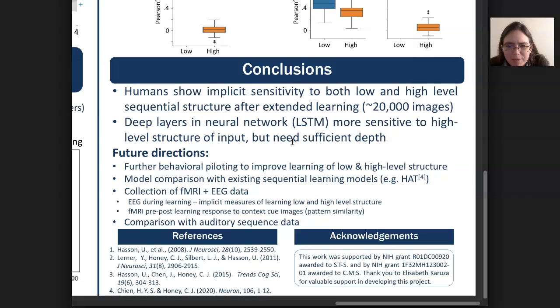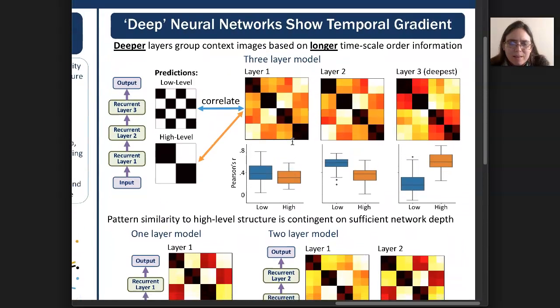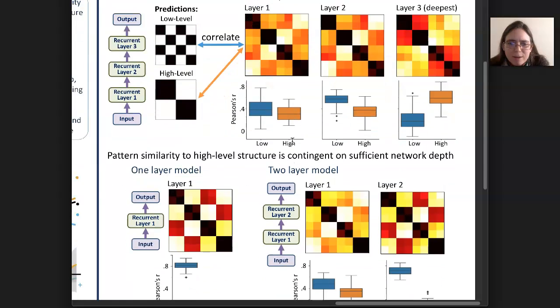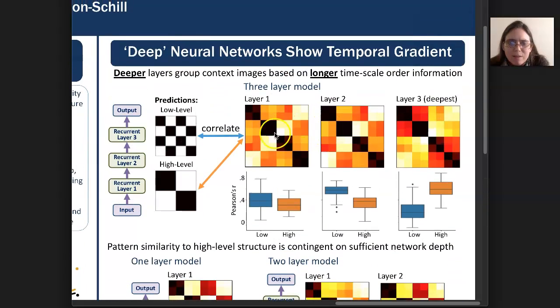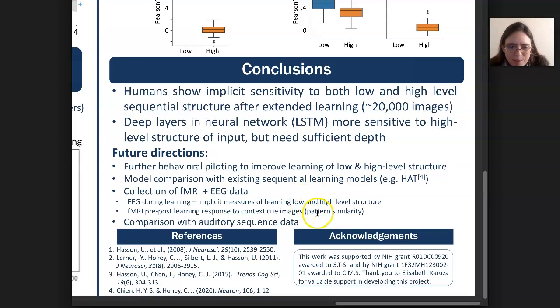So the EEG will be used to measure learning implicitly of the low and high level structure. And the fMRI will be used to conduct a pattern similarity analysis both before and after learning to localize different parts of the brain, including the hippocampus and regions in cortex that are sensitive to the low level and high level structure. And eventually we're going to be looking at auditory sequence data as well.